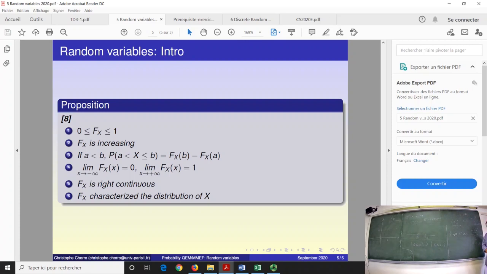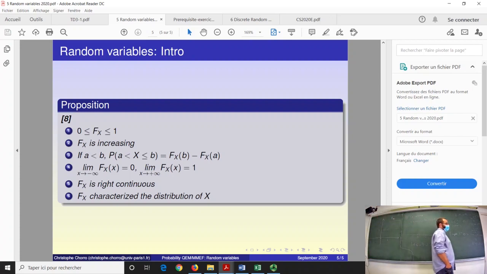For a distribution function, I have only the right continuity. And you will have the proof, if you are interested, in the list of proofs of the course. So the limits, the right continuity, and another result that we will come back to next session, which is the way we define the distribution function, in fact.